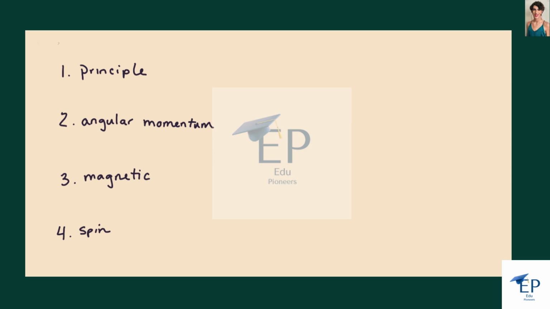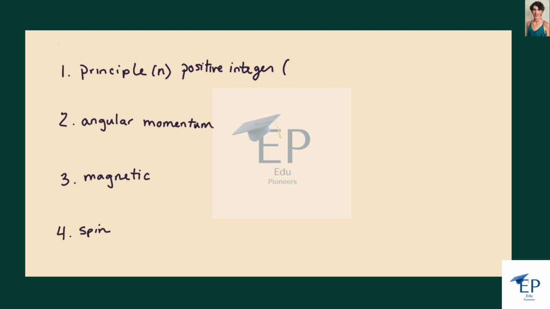quantum numbers here. The principal quantum number is a positive integer described by the letter n. A positive integer.